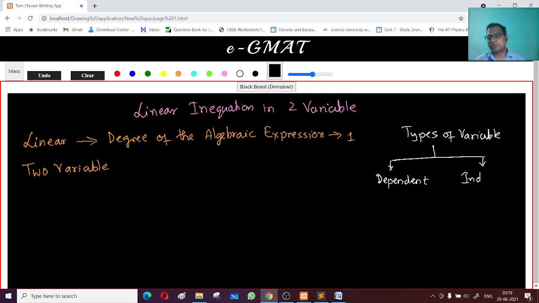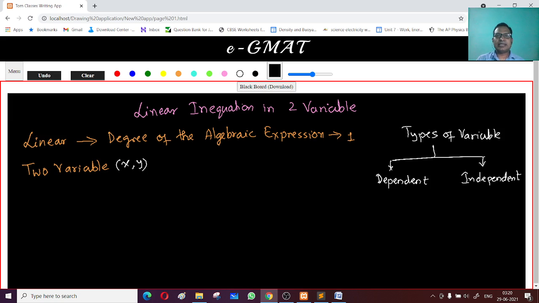The independent variable is independent to take values, and the dependent variable takes its value from the outcome of what the independent variable has taken. So there are two variables, and we mostly call them x and y.